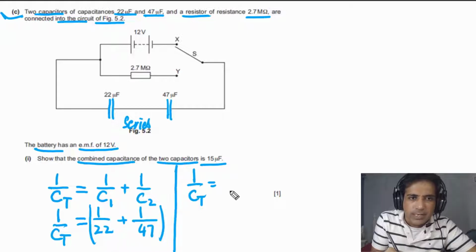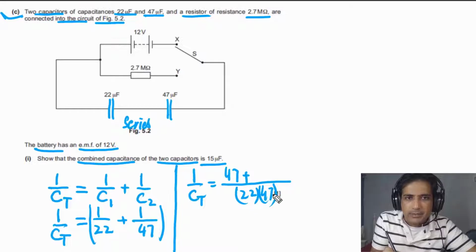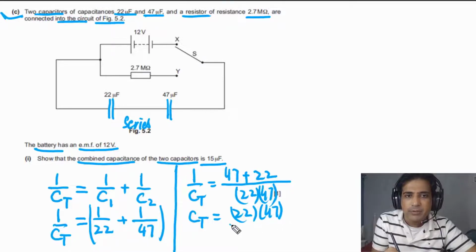And if we take LCM on the right side, we can write down 22 times 47. If we divide this by 22, we will get 47. And if we divide this by 47, we will get 22. Now we can flip this. Then C_T will be equal to 22 times 47 divided by 22 plus 47.